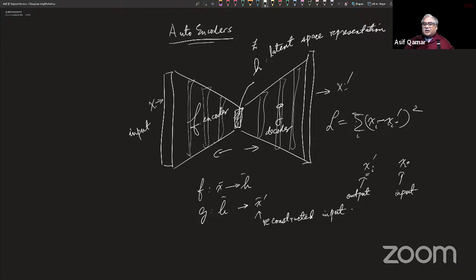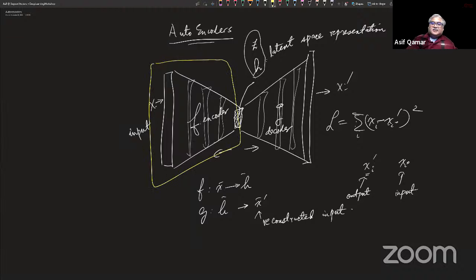There's a big bottleneck which comes out with a hidden representation of the input. So once you have trained it, this part is the encoder part, and this part is the decoder part of the architecture. Are we together?